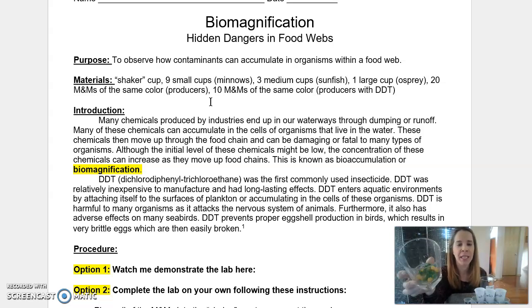I'm using green and yellow, but any color, if you have beads or M&Ms, whatever you can find. The 20 green jelly beans are going to represent my 20 algae with no pesticide in it, and the 10 yellow are going to represent the 10 algae that are contaminated with DDT. And they're all put in my shaker cup right here.